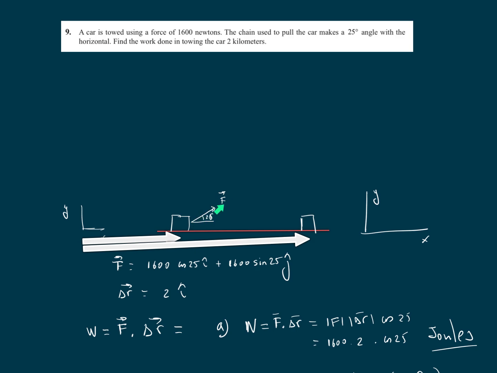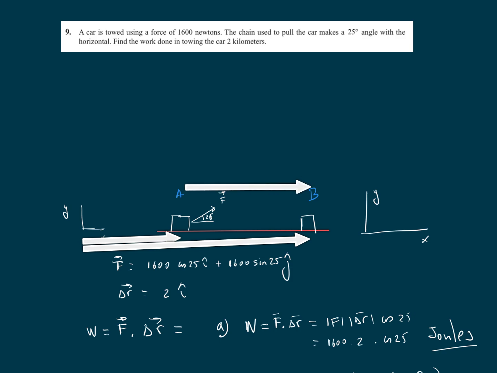So it's pulling with this force during the distance of 2 kilometers from A to B. Let's put here from A to B. This is the observer, so the observer sees the object at some position, and later on he sees the object at a further position, and the displacement is here. The displacement is 2 kilometers. So this is the displacement from A to B.